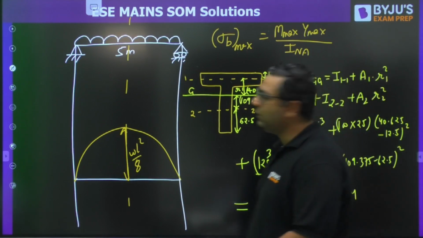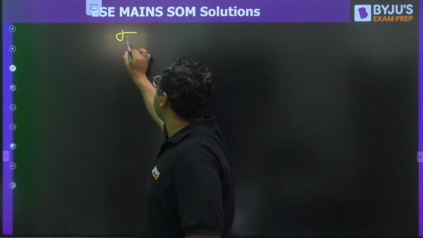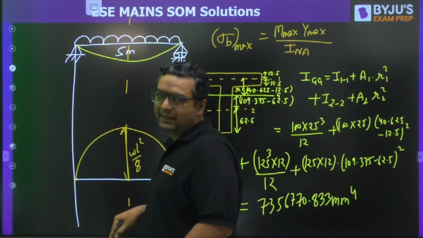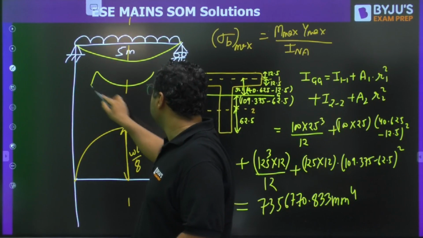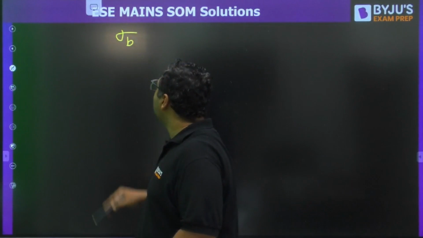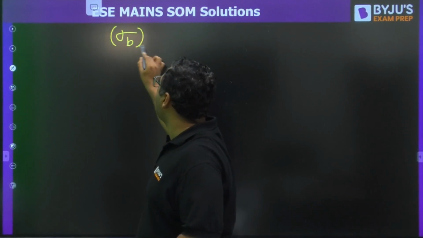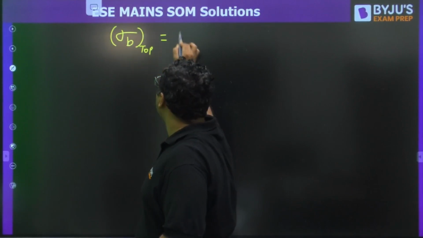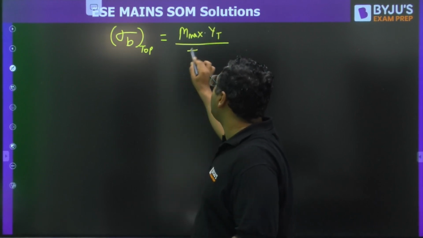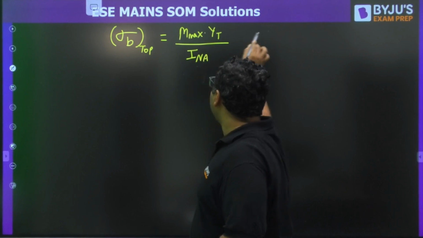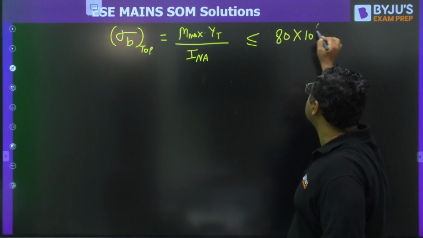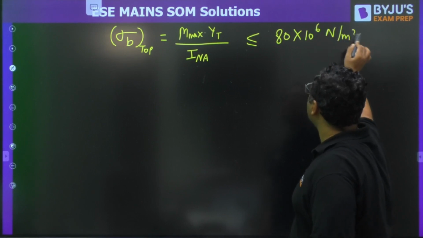Now, my dear, what you need to do? You are given the permitted value. Looking at this, the beam will be bending like that. This is sagging, so top fiber in compression, bottom in tension. So you can write sigma B top equals maximum bending moment into Y top upon INA, and that is limited to 80 into 10 to the power 6 Newton per meter square.